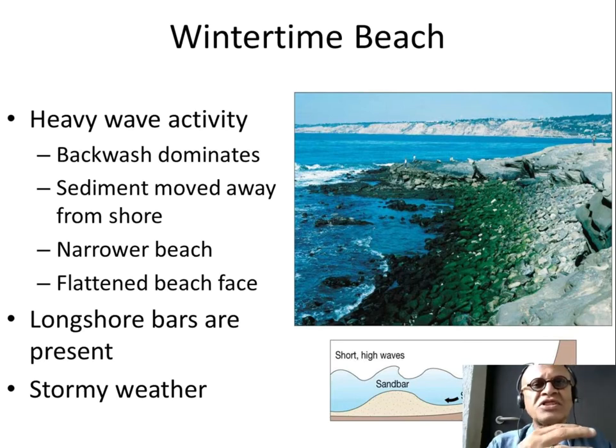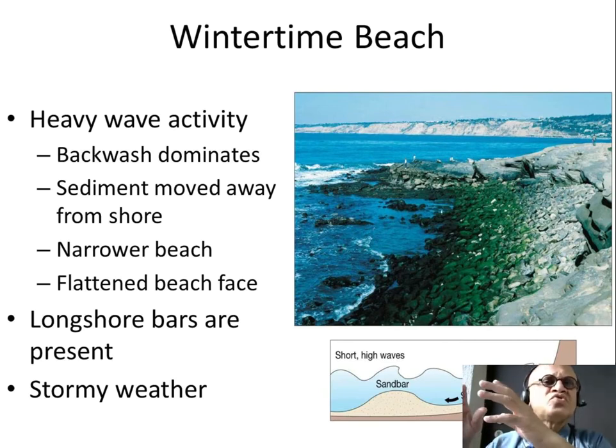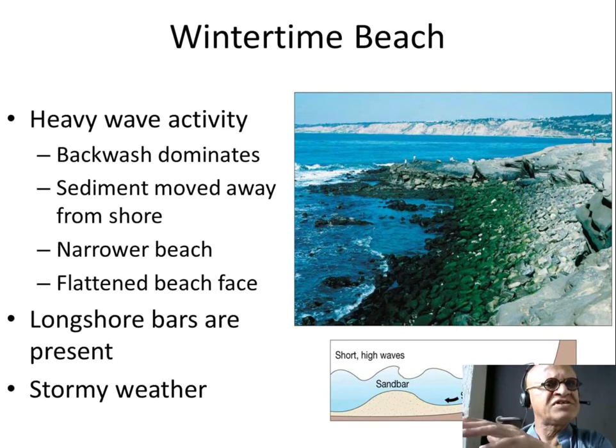So as the winter starts, let's say the waves begin to come in, break on the beach, and they soak in, and the wave activity is so strong that soon the entire beach face gets saturated with the water soaking in from wave after wave. So the next wave that comes in may not even have time to soak because it's so saturated, and the backwash is going to dominate.